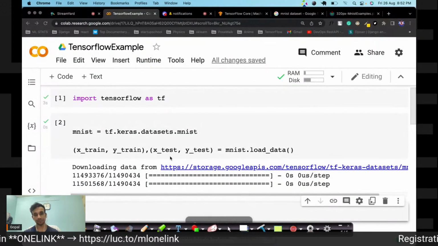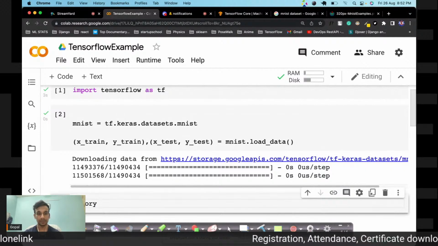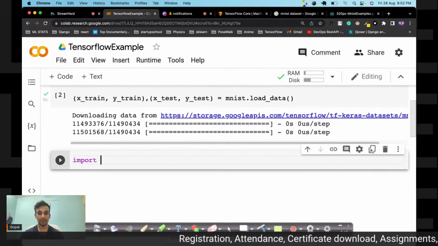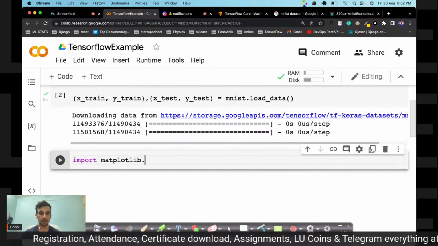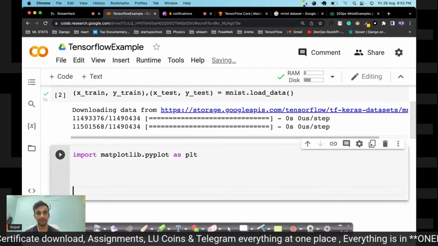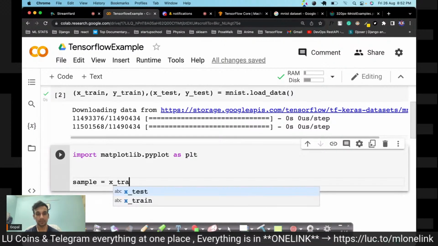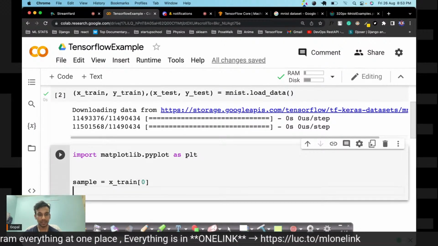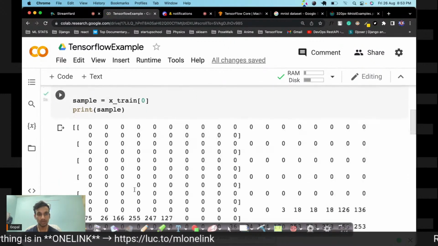Okay, and now if I plot this data here, let's say import matplotlib.pyplot as plt, and let's say I take a sample from xtrain of 0, and if I print the sample, that is how your sample will look.